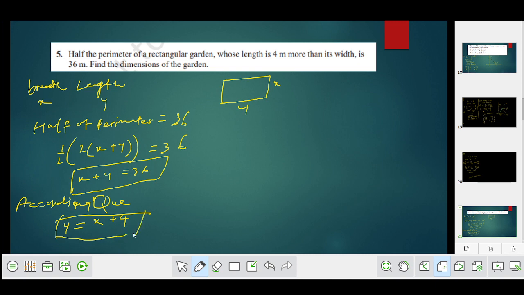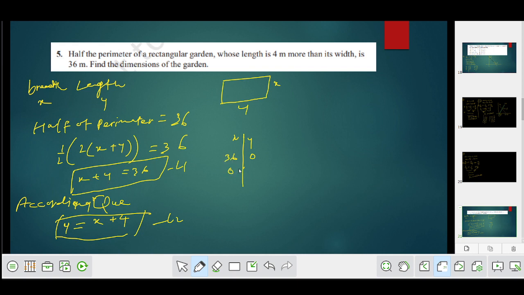Now, what will be the solution of these equations? This is L1, this is L2. Here x, y. If we put y equal to 0, we get x equal to 36.